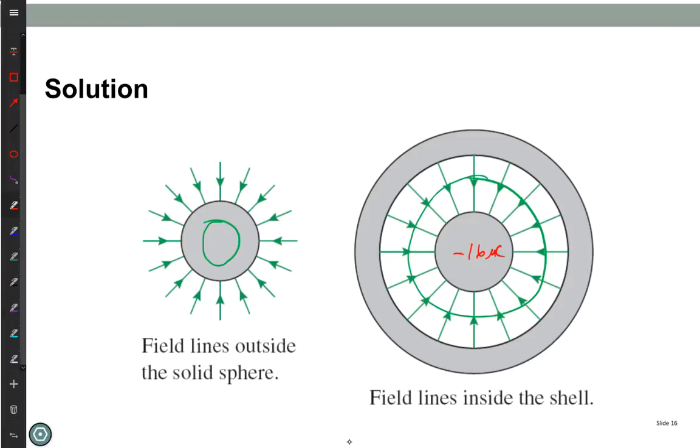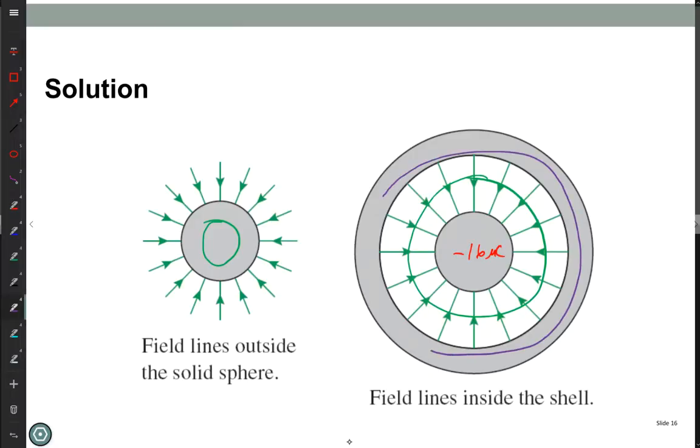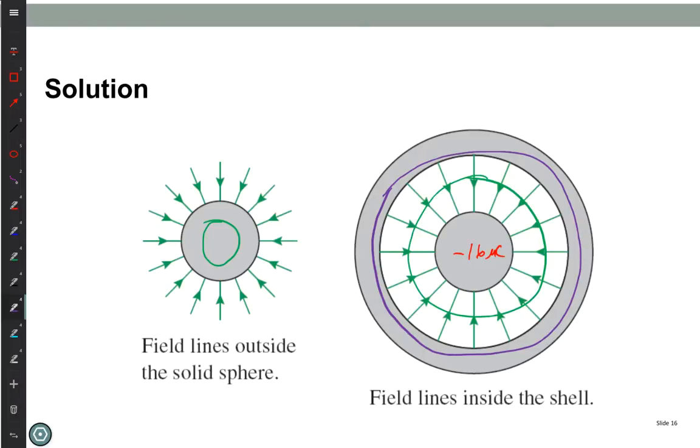What if I move my Gaussian surface out to here? What's the electric field at all points on that Gaussian surface? 0 because it's once again inside a conductor. If it's 0 for the electric field everywhere, then what's the flux through the surface? 0. Hence, how much charge is enclosed? 0.